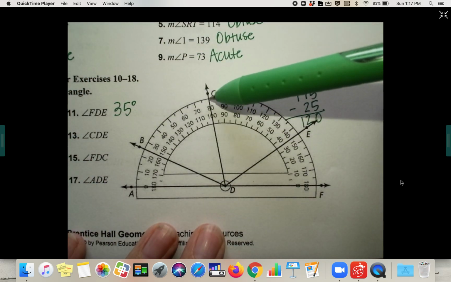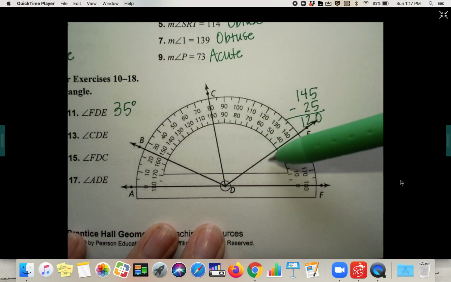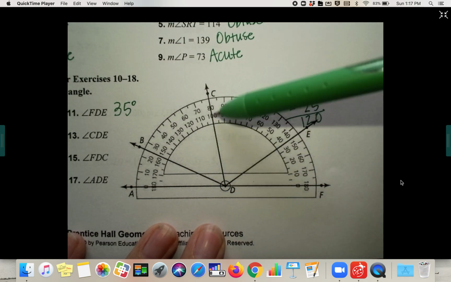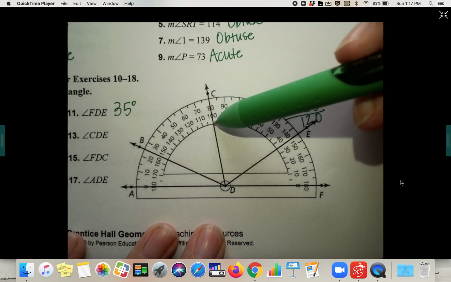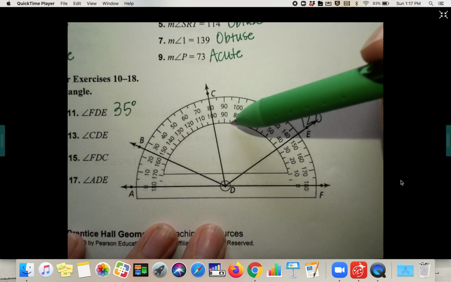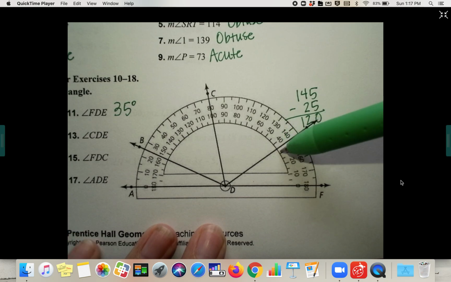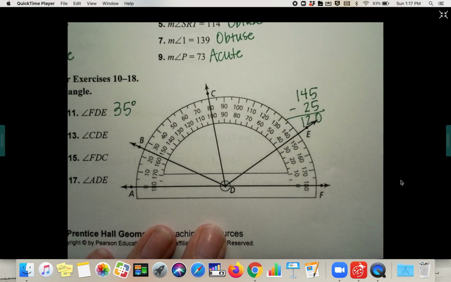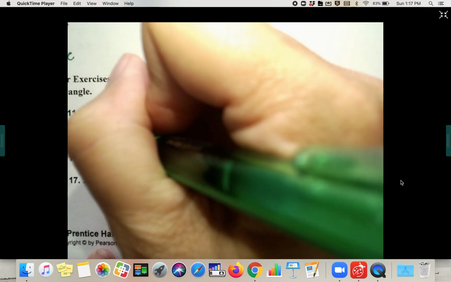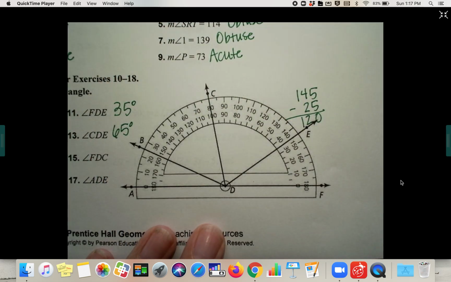CDE, C to D to E, is in here. We're going to have to do some subtracting. So I'll just use this lower number. So it's at 100, and it lands right here at 35. So 100 minus 35 would end up being 65. Double check me on these numbers.